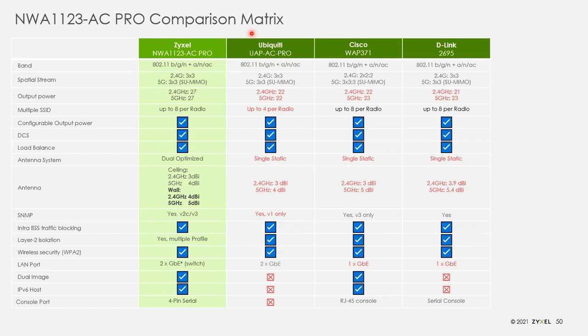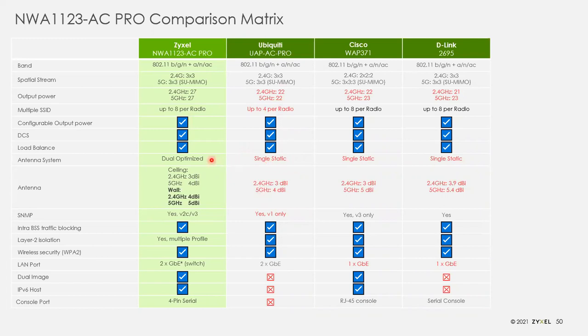Pricing should be very comparable. We have higher output power, 27 dBm versus 22, so you're getting higher signal strength. We support more SSIDs per radio. We can do 8 per radio versus 4 per radio on the Ubiquiti. Ubiquiti has the standard, static ceiling mount antenna.